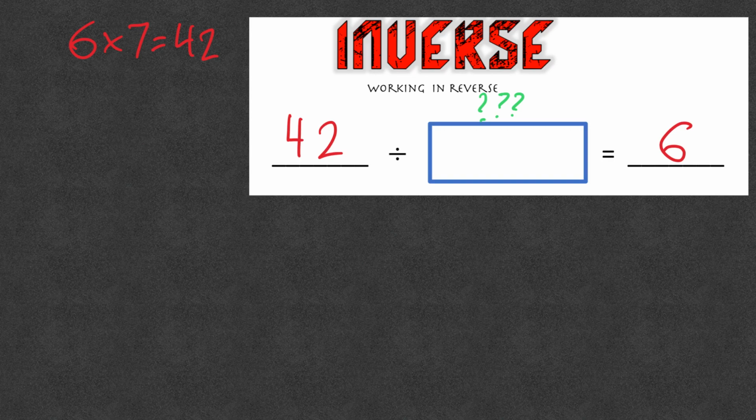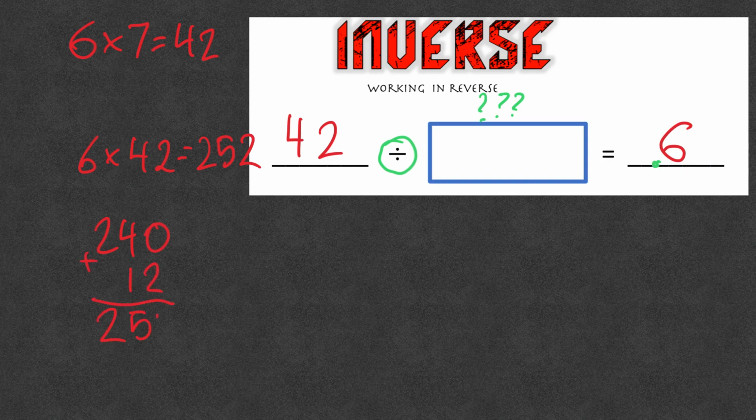And a lot of students find that type of problem quite challenging, because you think you should multiply 6 by 42, which isn't exactly true, because 6 times 42 would give you 252, because that's 240, add on 12, that's 252.